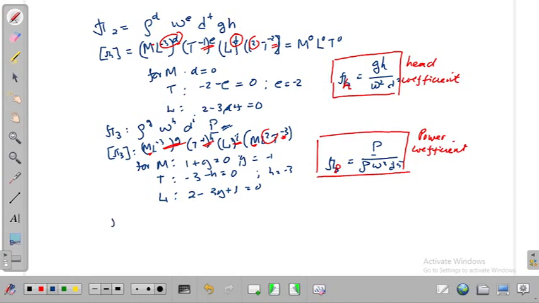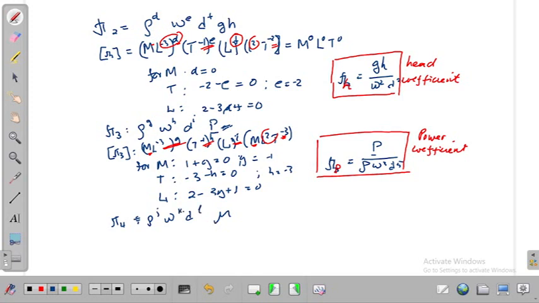The next pi term, pi 4, will also use the same repeating variables rho, omega, and d. And the other non-repeating variable is mu. So that was i, then this one power j, k, and l.